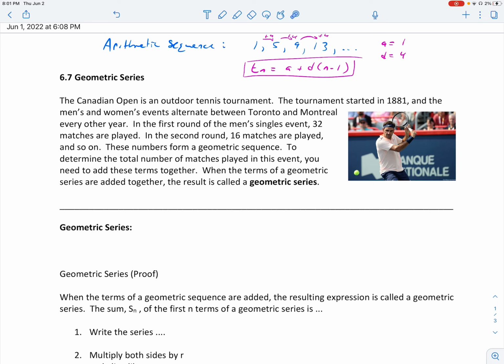Okay, if we wanted to add up all these numbers in the sequence, we would then call it an arithmetic series. So the arithmetic series formula is slightly different.